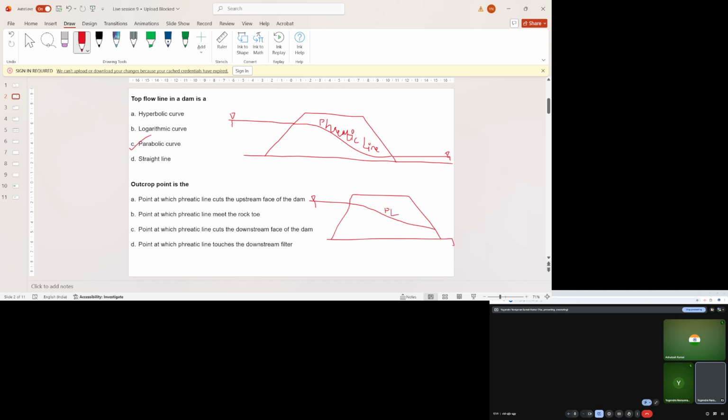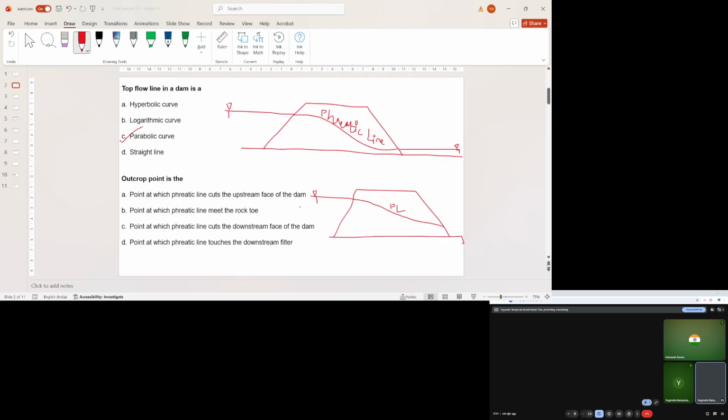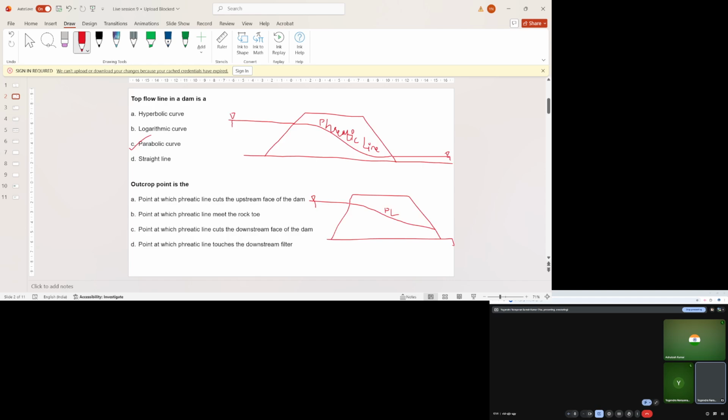Option A is the point at which the phreatic line cuts the upstream face of the dam, so that is this point.